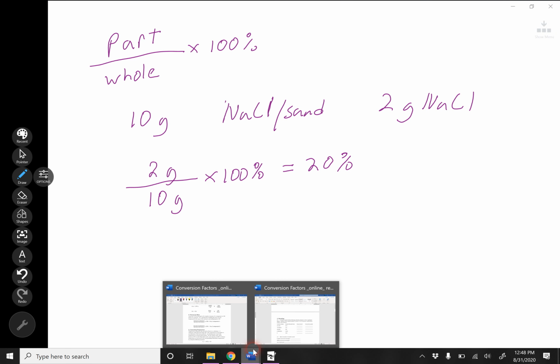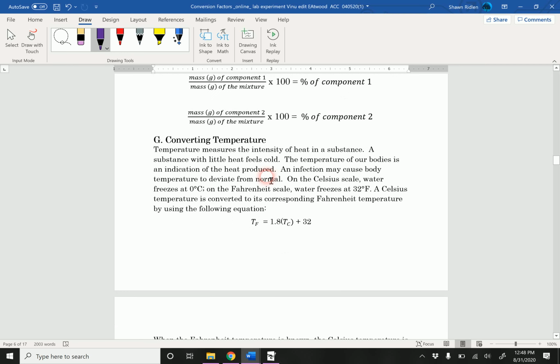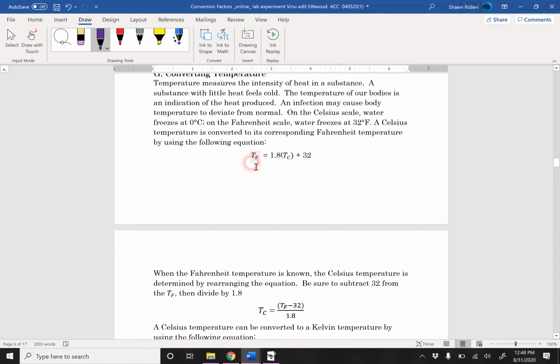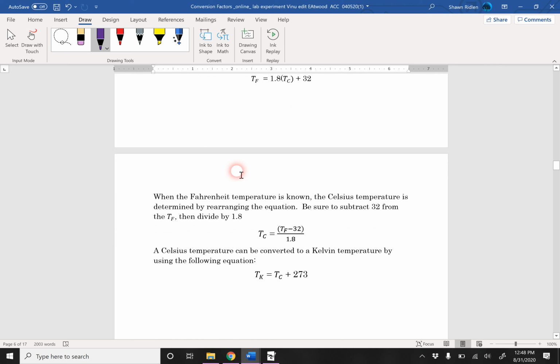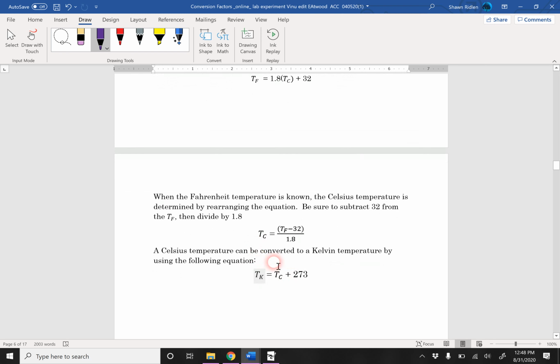Okay, so coming back to your report sheet here, not your report sheet, but the experiment sheet, you get down into converting temperature, and it goes from Fahrenheit to Celsius, or Celsius to Fahrenheit, excuse me, Celsius to Fahrenheit to Celsius, and then from Celsius to Kelvin. So Celsius to Kelvin is the easiest calculation.